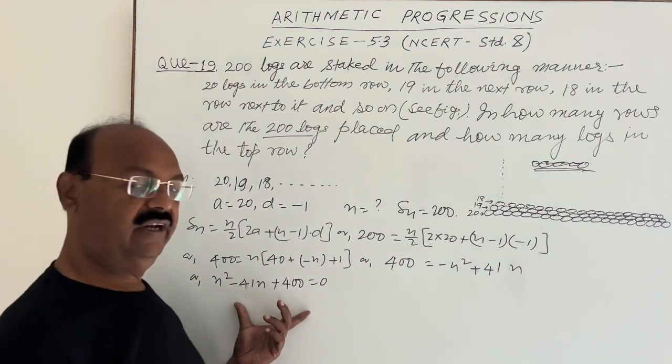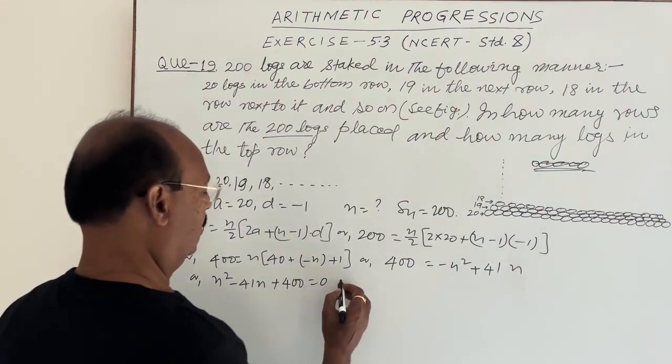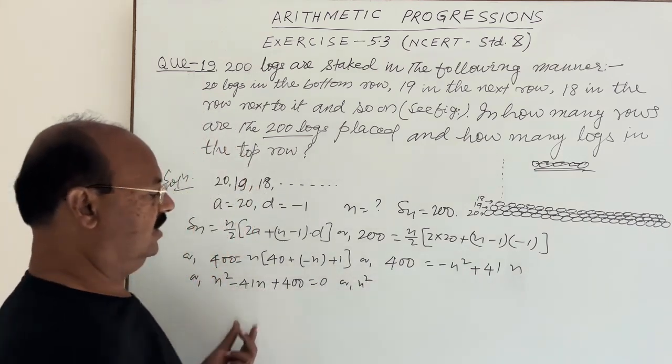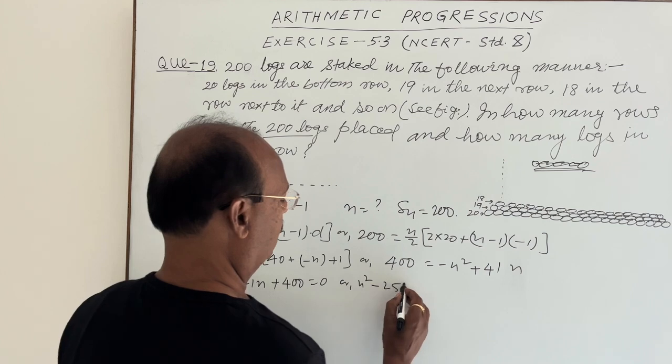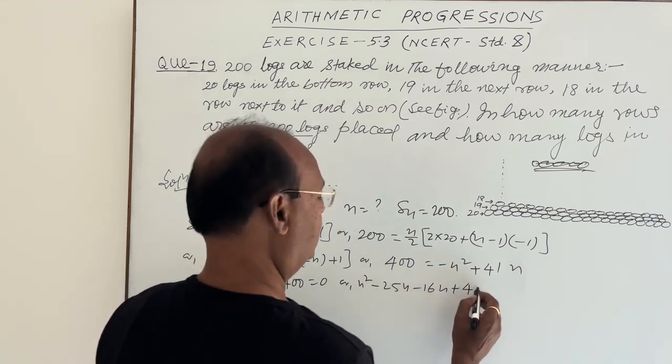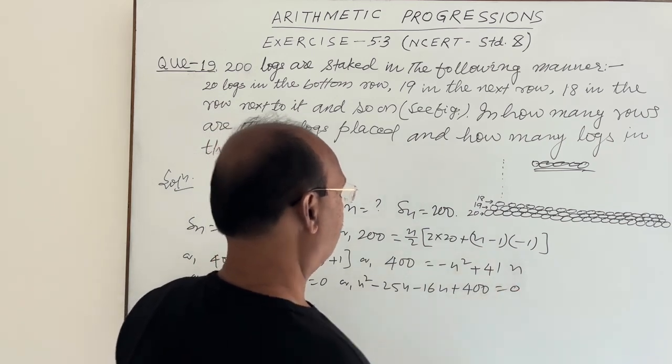In terms of n, we will factorize it. n square minus 41n, we can write as minus 25n minus 16n plus 400 is equal to 0.